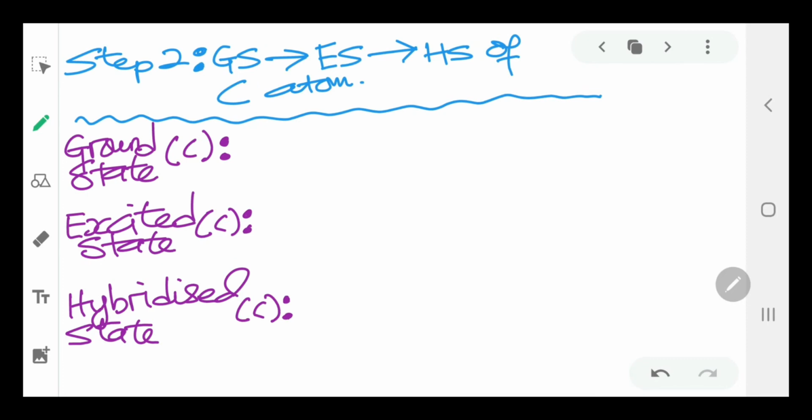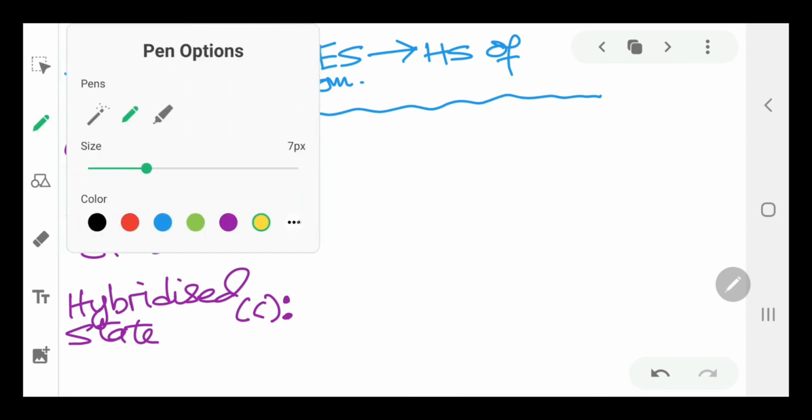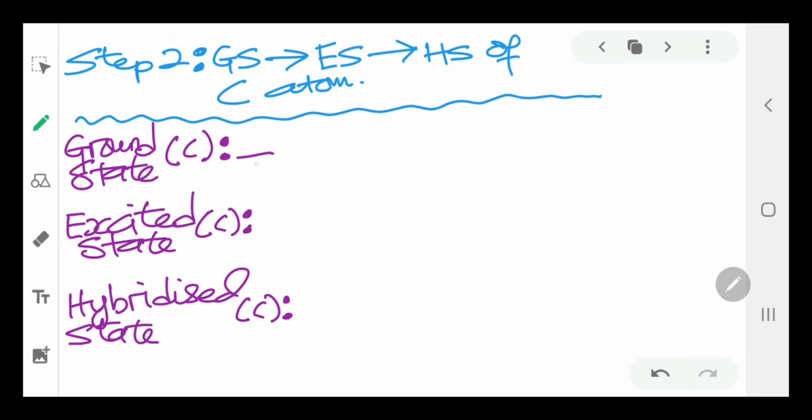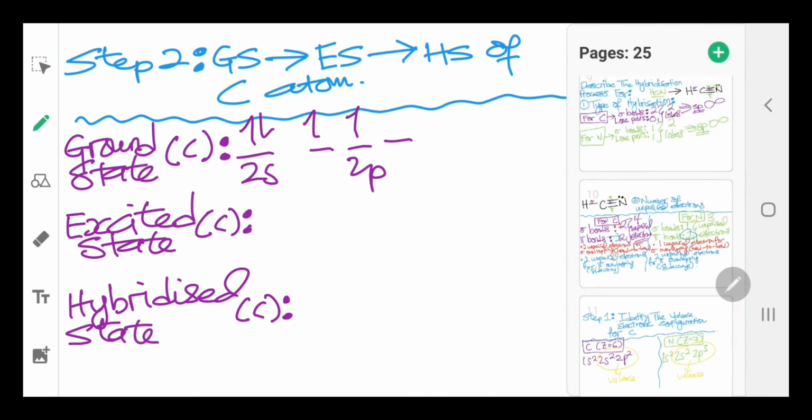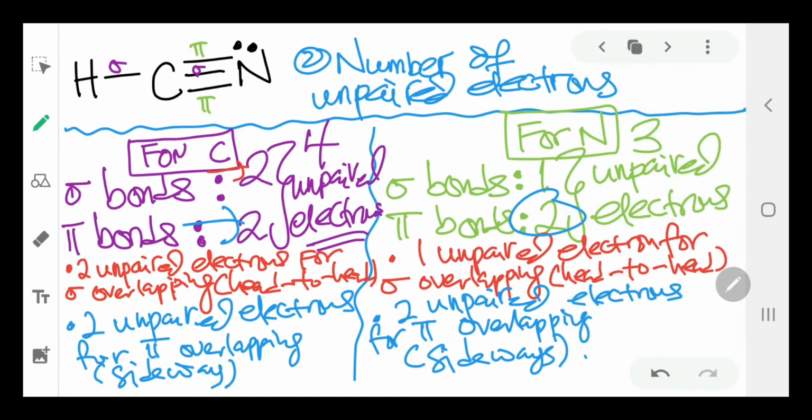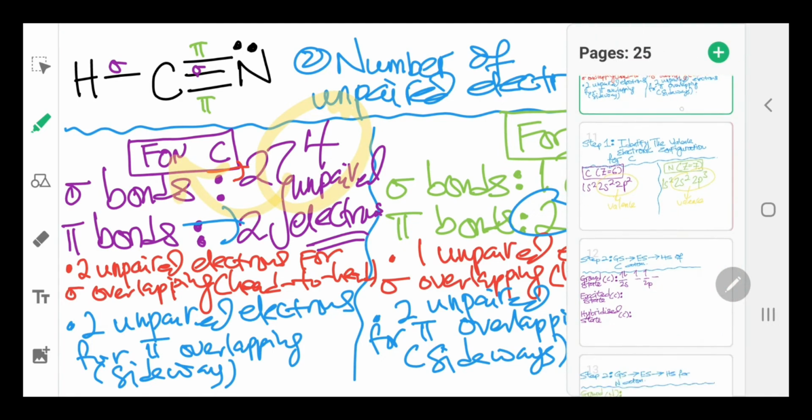Now, step 2, the ground state of carbon. In the ground state of carbon, you have 2s, 2p, 1, 2, 3, and 4. From the analysis that we have done just now, we need to have 4 unpaired electrons for carbon.